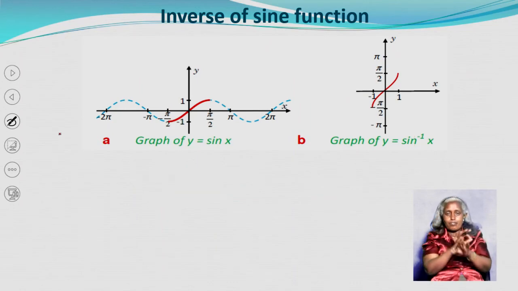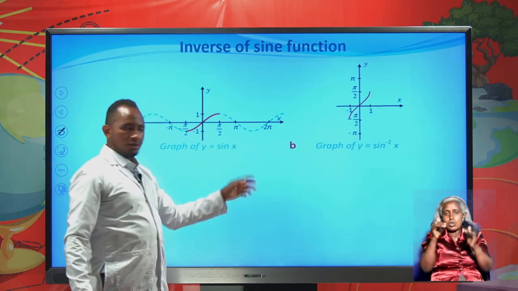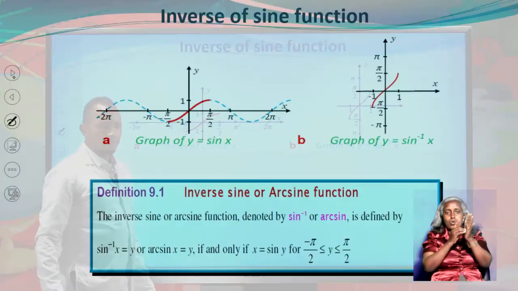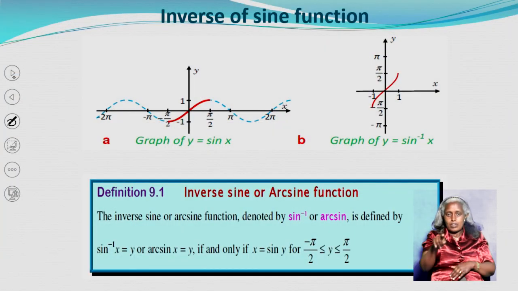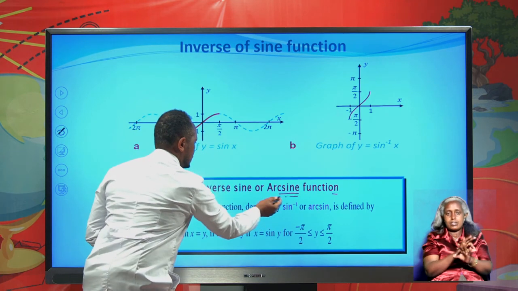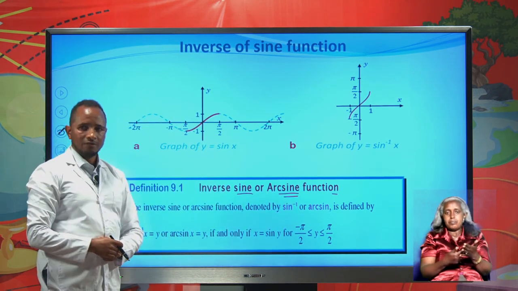The inverse of sine is written in this form. y equals sine x; its inverse is denoted by y equals sine inverse of x. Inverse of sine can also be stated as the arc sine function.